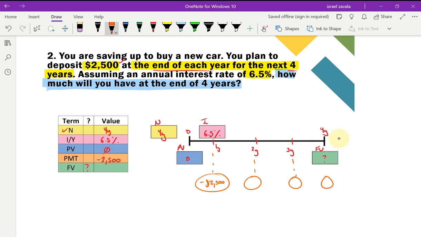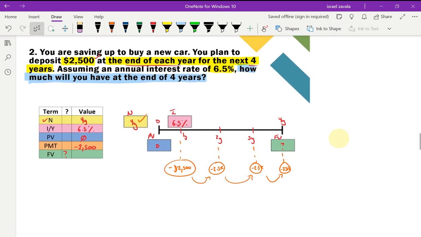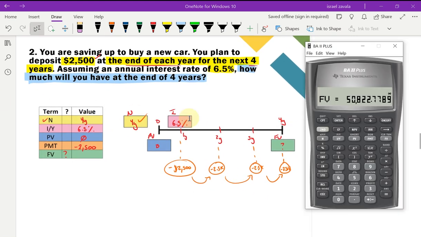I won't draw these circles out for all of these, but this will be the same amount in every single one of these, right? Negative 2.5K, negative 2.5K, negative 2.5K. In the future, I'm just going to write the first one and assume that we know that it goes all the way toward the end. There are 4 payments, right? It's finite. So let's put these values into our financial calculator.